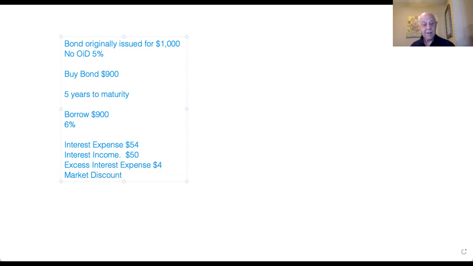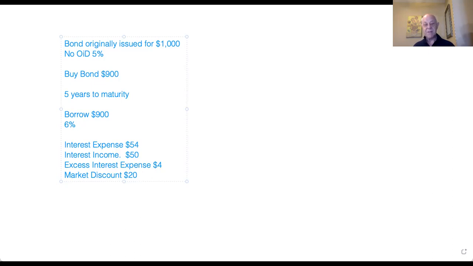If I bought it for 900 and there were 5 years to maturity, there's $100 of market discount on the entire bond. It's 5 years. I picked up $20 of market discount. And Congress says, well, you didn't pick up that income, but economically, you should have accrued $20 of income.